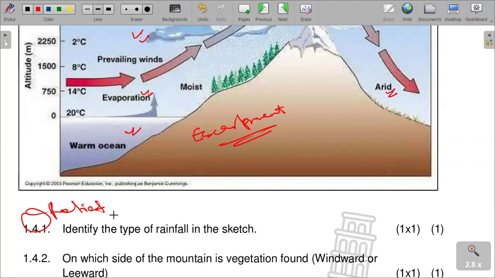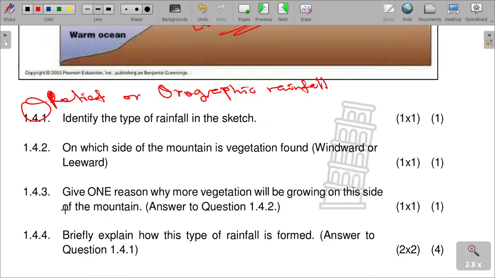It's called relief or orographic rainfall. Next question is relief class. This is relief because it's coming from a mountainous region or a mountainous source.